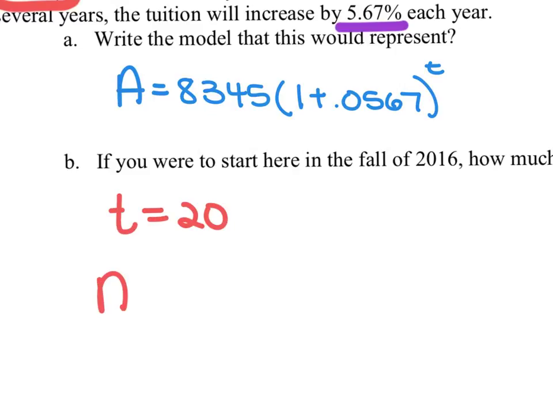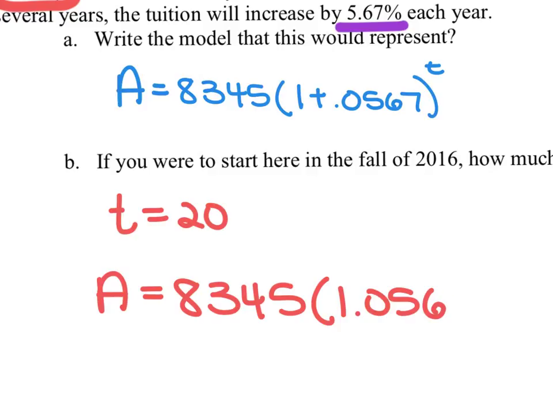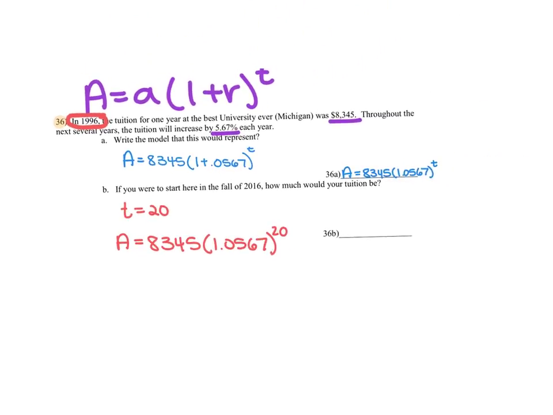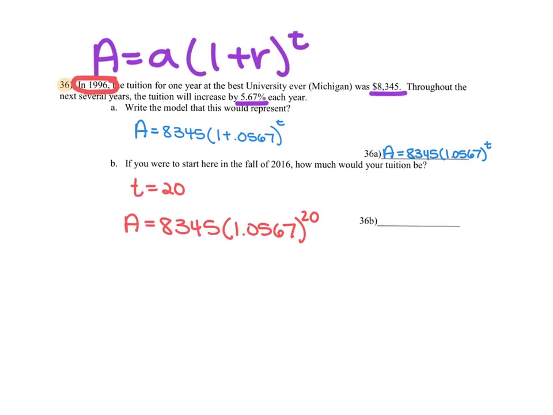So literally just plug in. A equals 8,345 times 1.0567 to the 20th. Plug that exactly into your calculator.